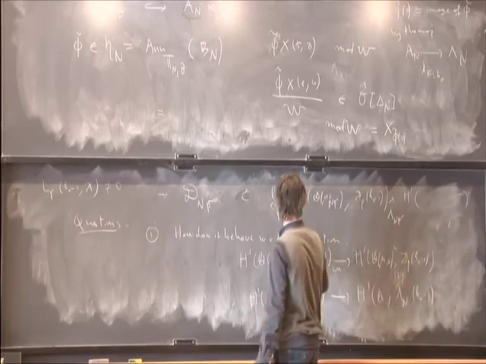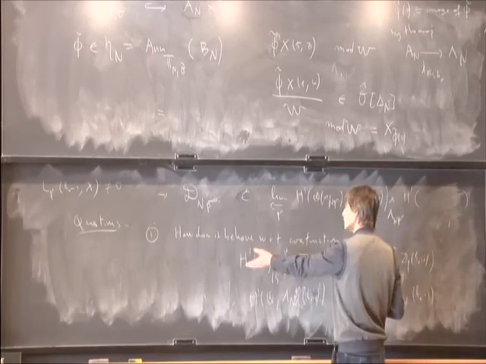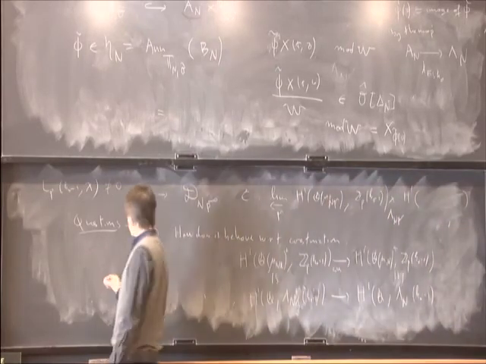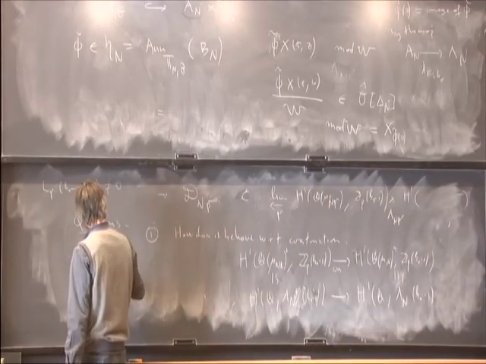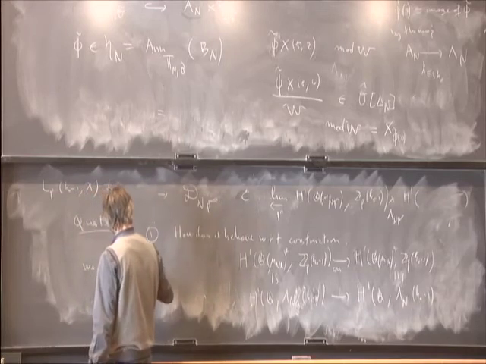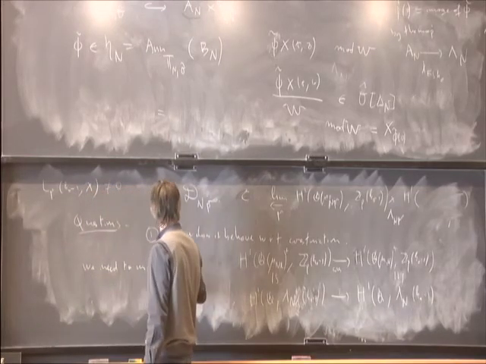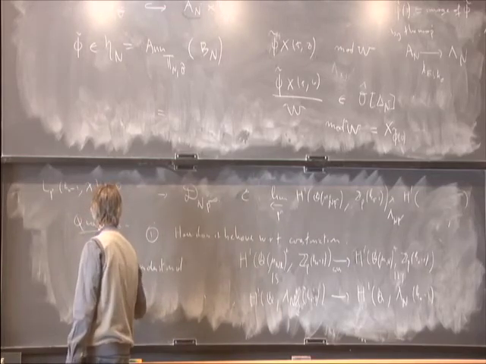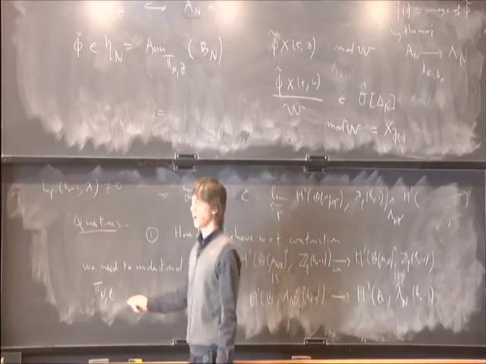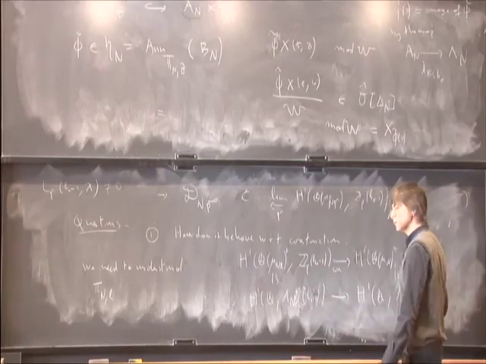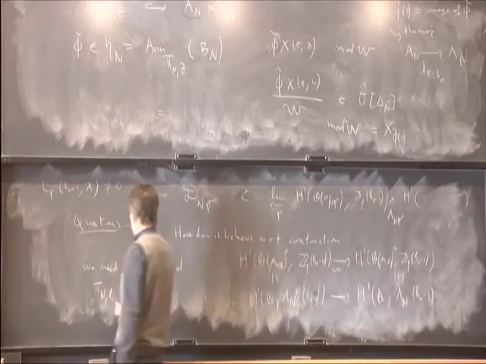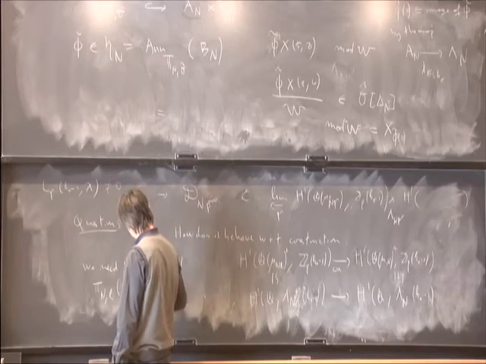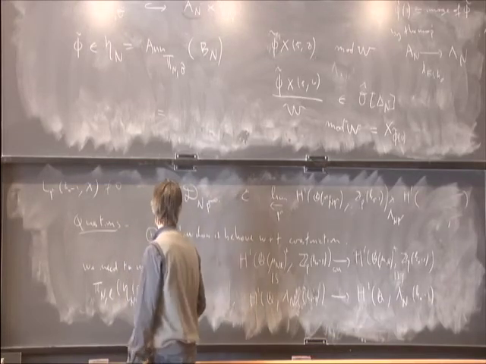So to know how this behaves with respect to co-restriction, we need to understand what is the image by π_{nℓ}, the map from Λ_{nℓ} to Λ_n. We have to understand the image of Λ_{nℓ}.